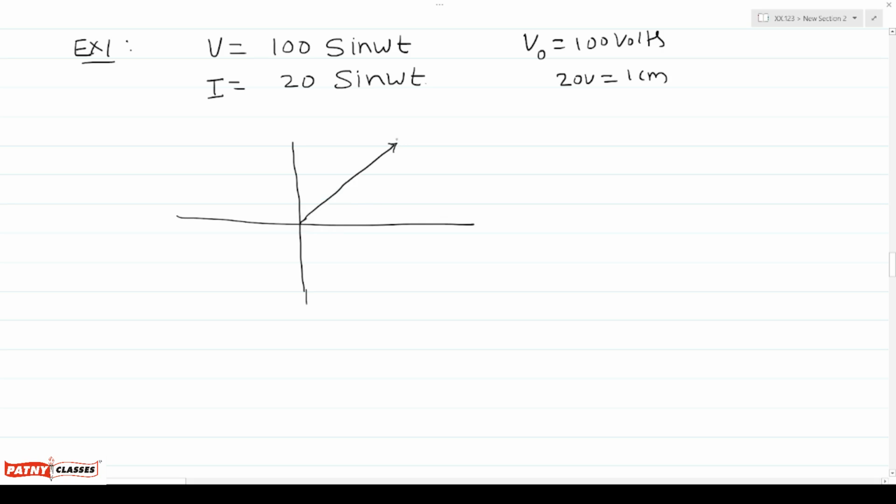This stands for V. And now current is 20 amperes. So 20 amperes we can take as 1 centimeter. On the same vector line of voltage, we draw another line. This stands for current. Now if you draw the projection, it will give the V naught and the I naught value. V naught is nothing but 100 volts and I naught is nothing but 20 amperes. And this angle is omega t. This is the phasor diagram for this given example.